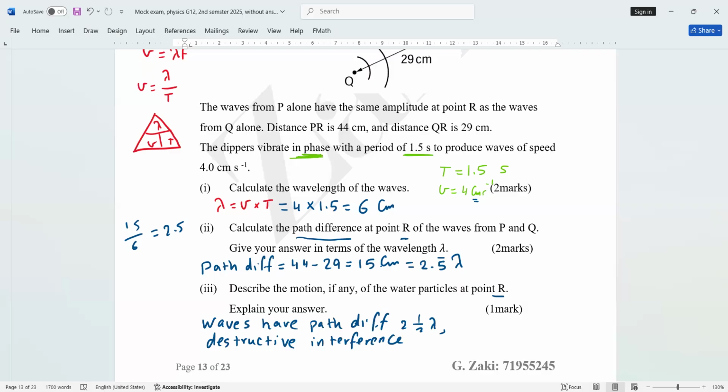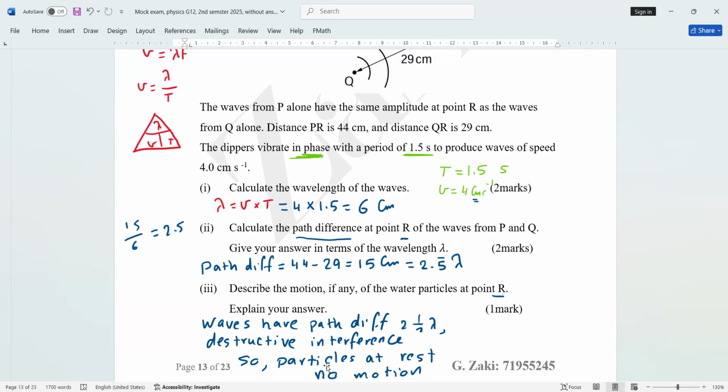So the particles are at rest, at rest or no motion. So this is the answer of this part.